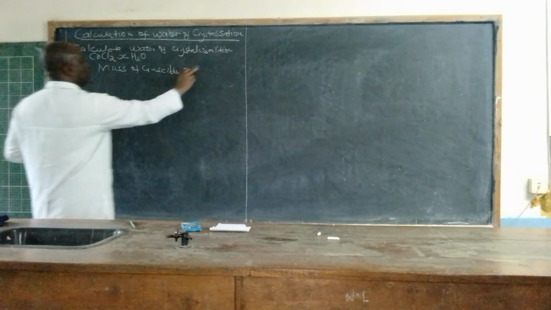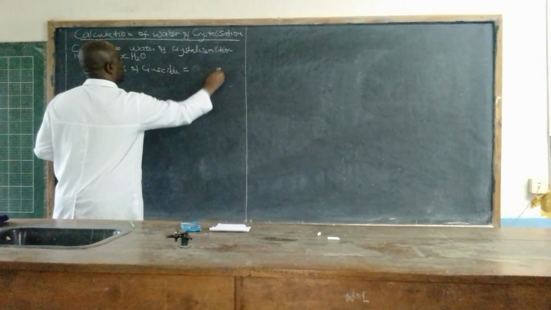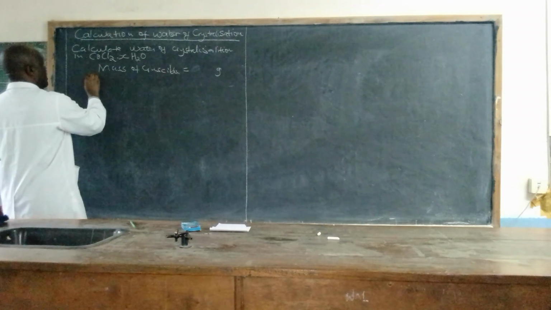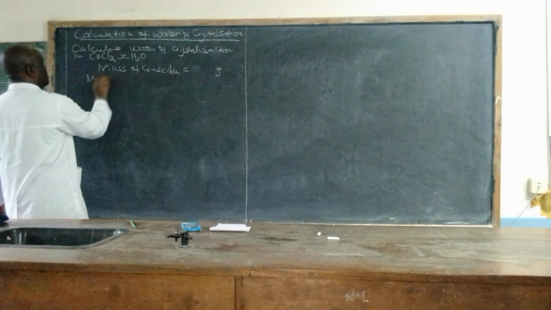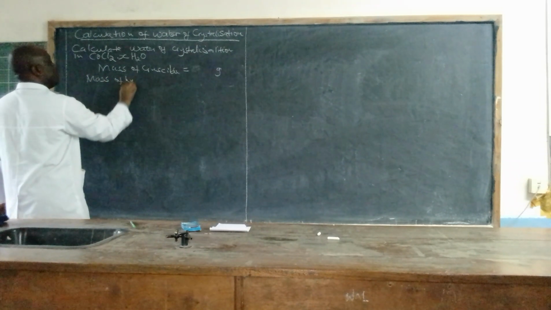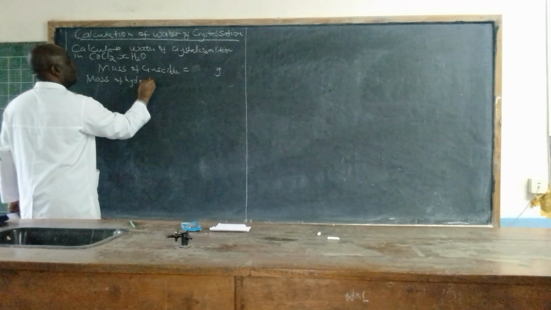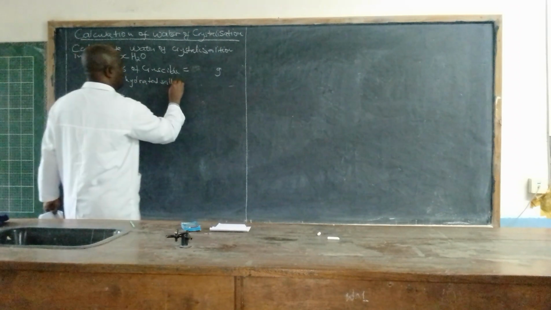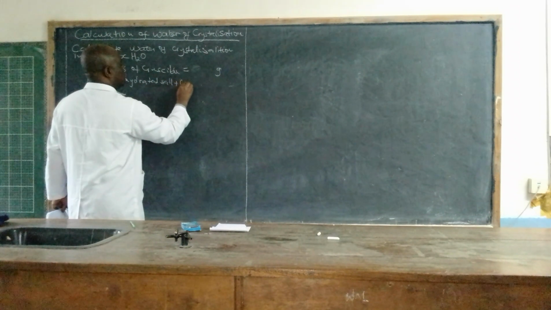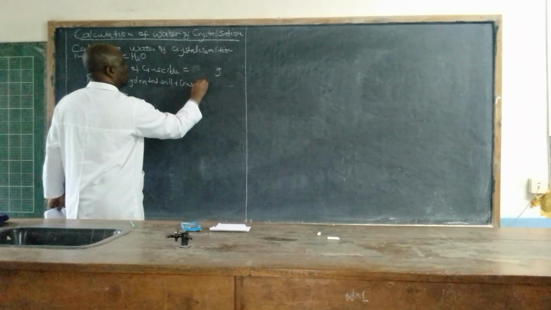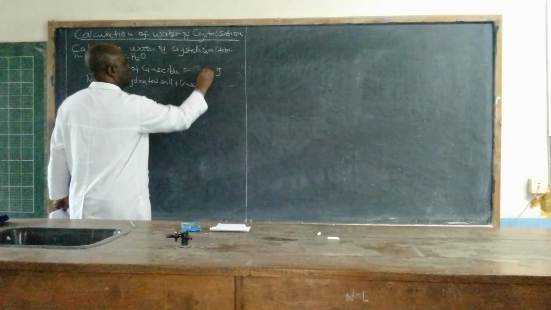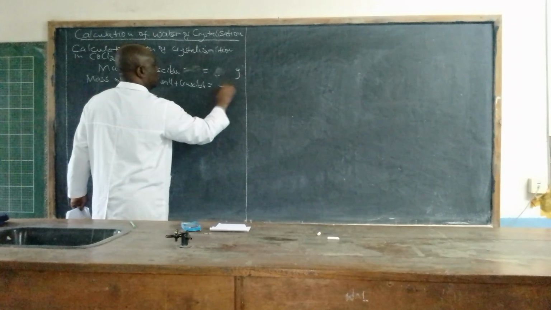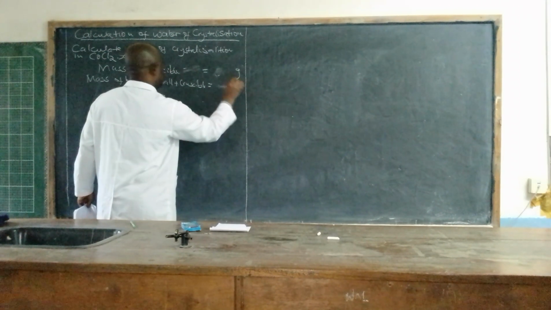We are also supposed to get the mass of the hydrated salt, which is cobalt chloride salt, plus the crucible, also recorded in grams.